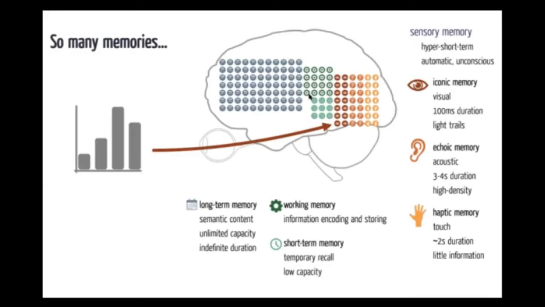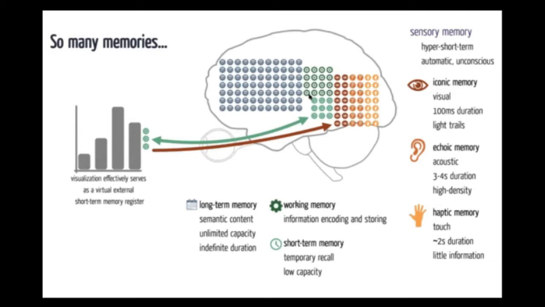We have different kinds of sensory memory. And when we see a data visualization, it goes into our visual or sensory memory. Then it goes into our working memory, then our short-term memory, and then to our long-term memory. And at every point, some information is being filtered out. The benefit of a data visualization is that it effectively acts as part of our brain.